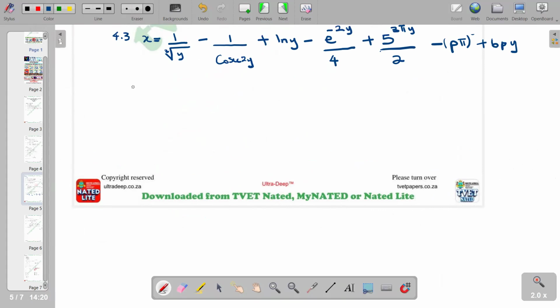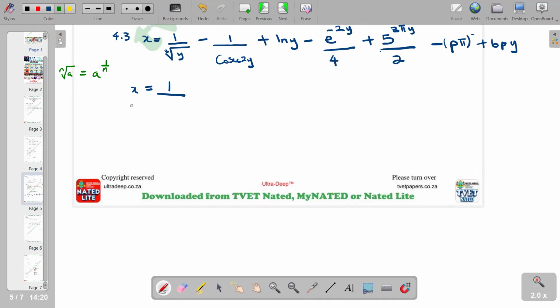So our x here becomes 1 over, and we apply the rule which says the nth root of a number can be converted to that number to the exponent of 1 over n.